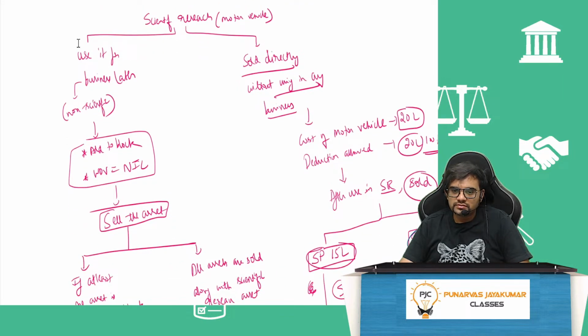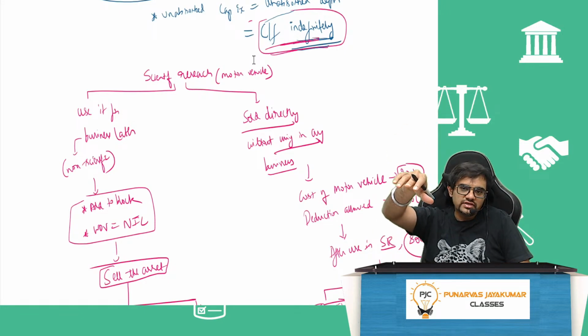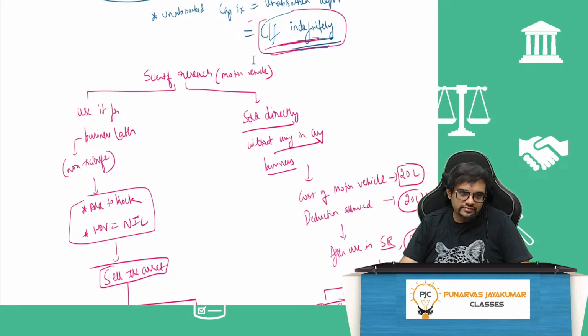For example, it is used for business later, or it is sold directly without using it in any business. There can be two things. I have used a scientific research motor vehicle. It is a capital expenditure, 100% deduction already claimed. After claiming it and using it for scientific research, I will directly sell it off.